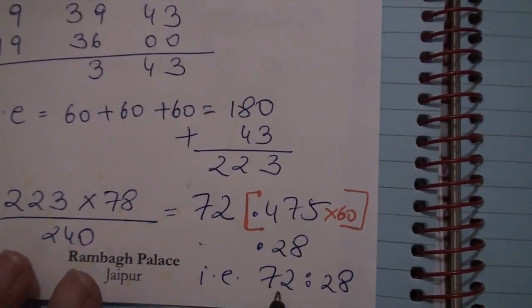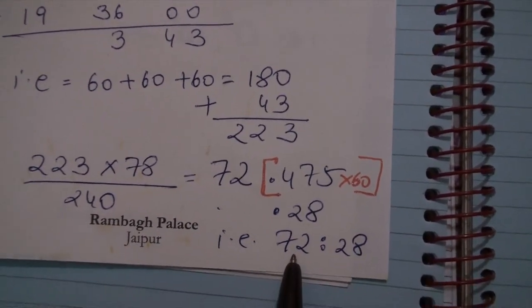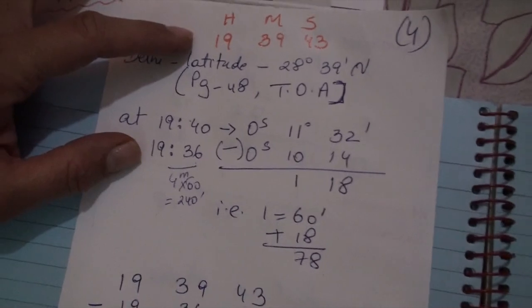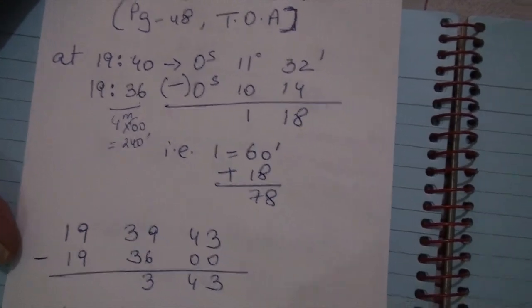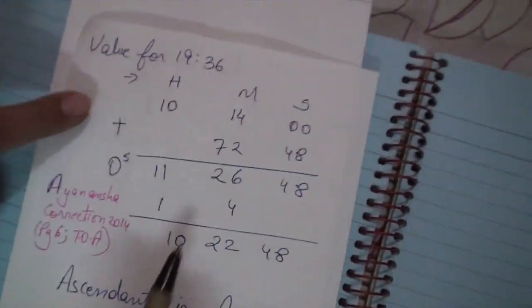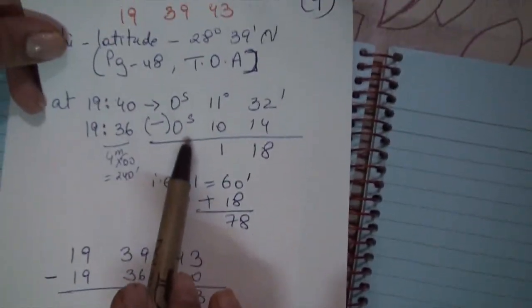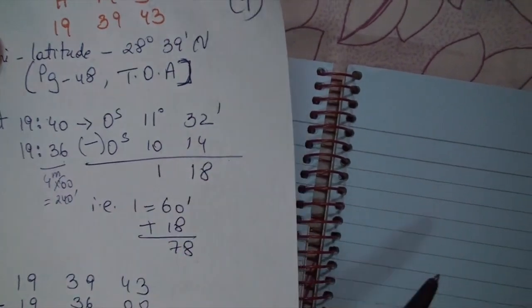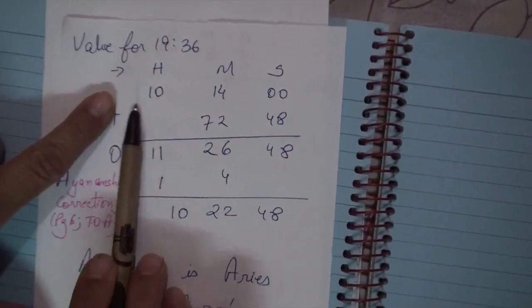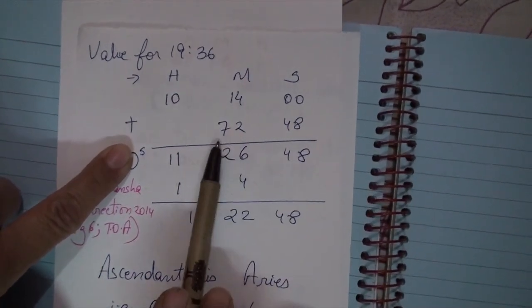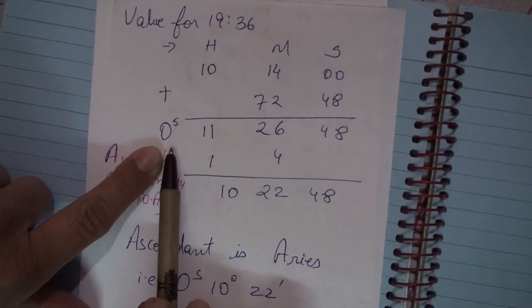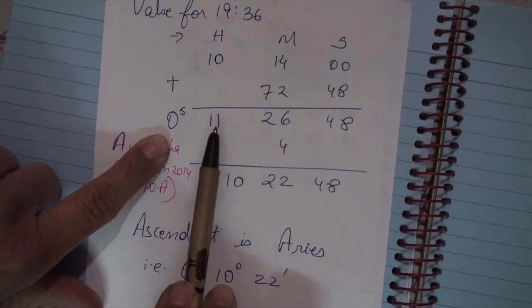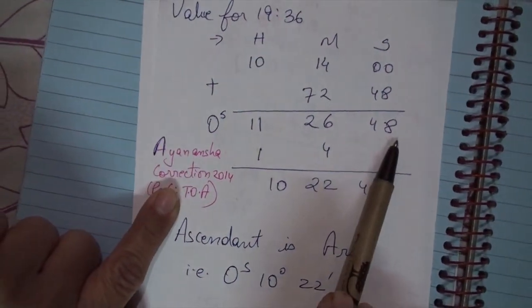So the difference that comes between 19:36 and 19:39 is 72.28. Now we add this 72.28 to the value for 19:36, that is 0 sign Pisces 10 degrees 14 minutes 00 seconds. We add 1 minute 12 seconds to it, and thus we get the value 0 sign Pisces 11 degrees 26 minutes 48 seconds.